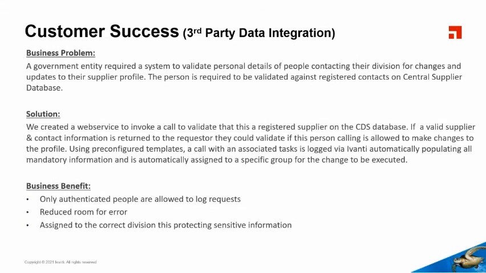Only authenticated people were allowed to log requests for changes to the supplier database itself, reduced room for error, and assigned to the correct division, thus protecting sensitive information. And we can all agree that if there's a data leak or anything, it is a massive problem for business, and it also creates issues with regards to reputational damage and so forth. So it definitely brings about some of the business value.